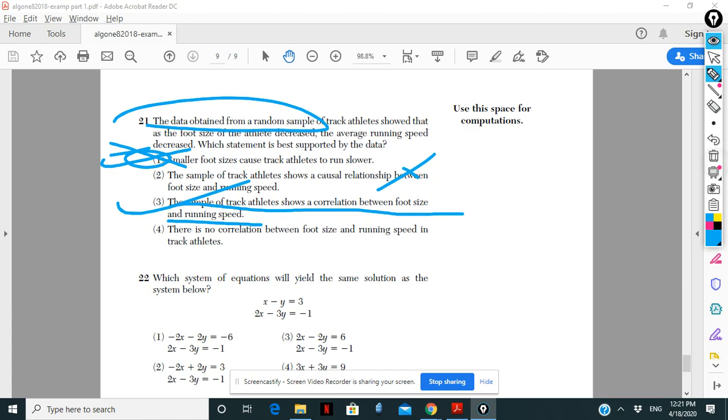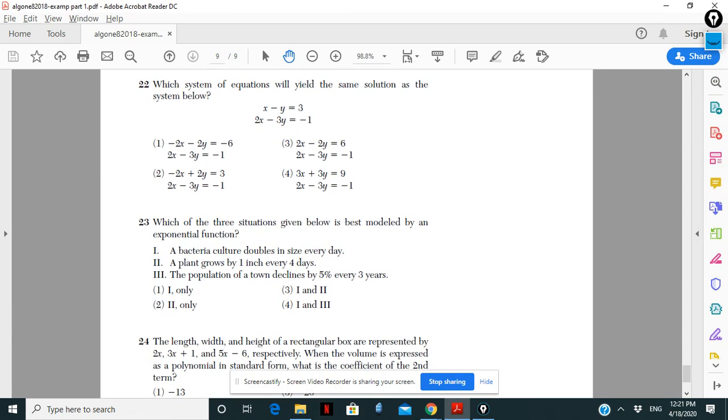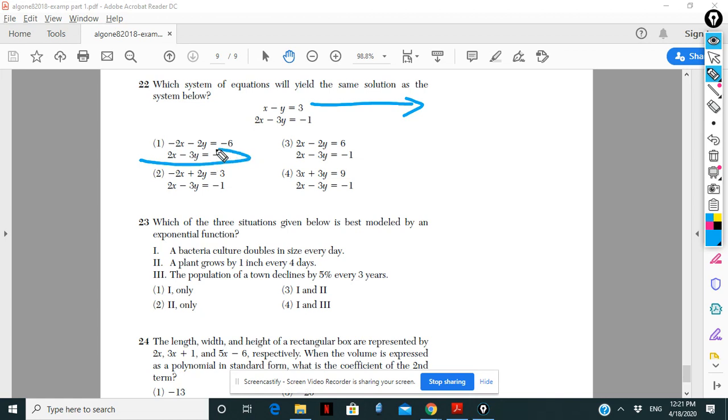Question number 22. Which system of equations will yield the same solution as the system below? So if you're looking here, this equation and that one. The second equation is the same.